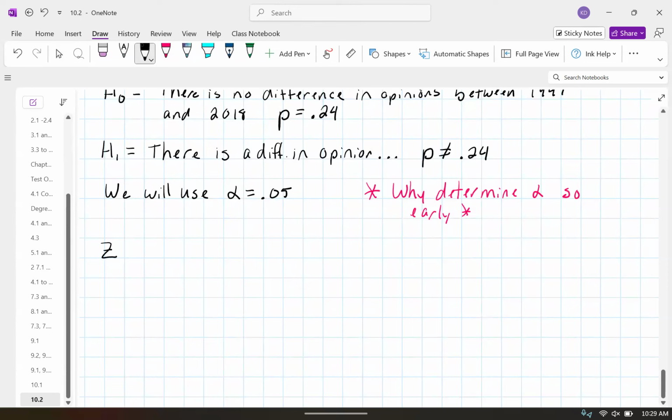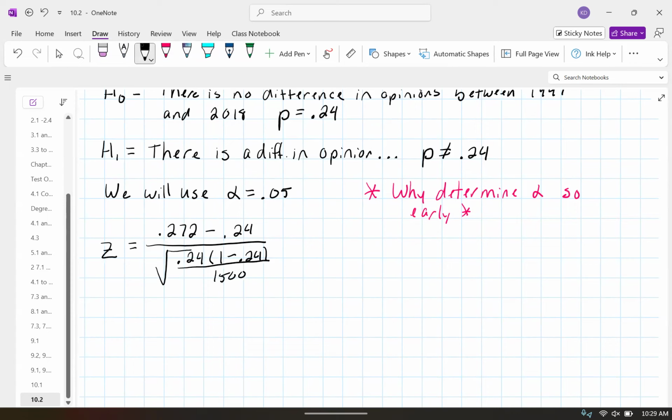All right, so the Z value we have, I'm going to calculate it all out: 0.272 minus 0.24. For our standard deviation, we use the original data, all over 1,500.